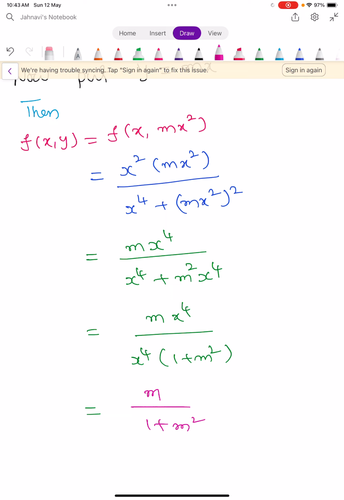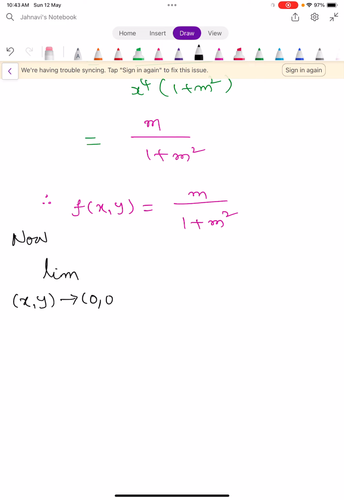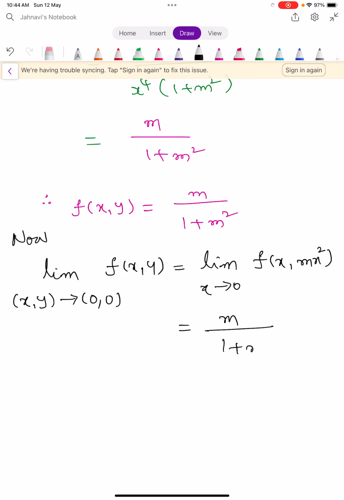Now the value of the function f(x, y) is therefore m divided by 1 plus m squared. Now the limit as (x, y) tends to (0, 0) of f(x, y) is equal to the limit as x tends to 0 of f(x, mx squared), which gives a result of m by 1 plus m squared.